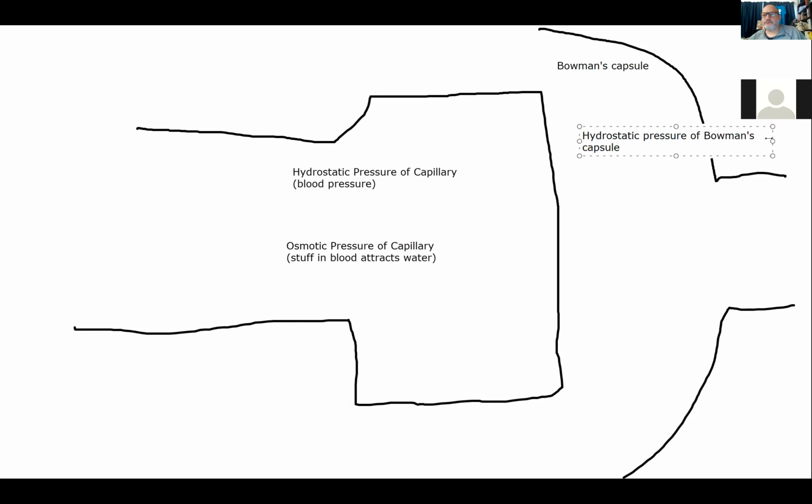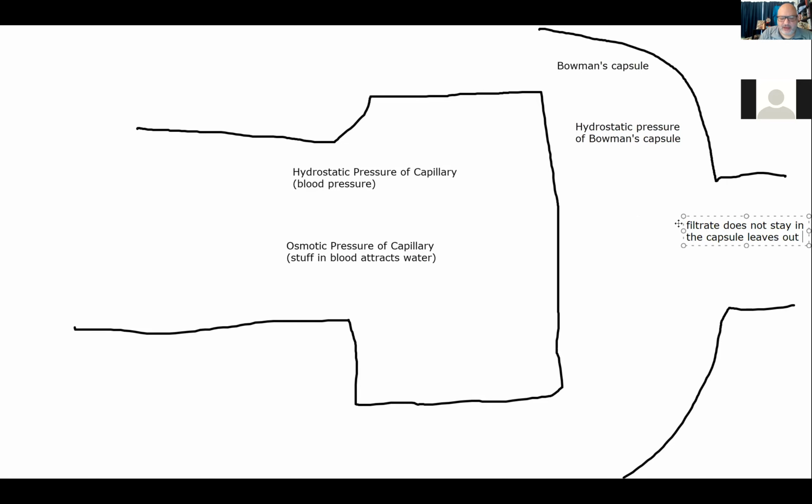It bounces off of the bucket and kind of sprays all over the place. So absolutely here in Bowman's capsule, there is going to be a hydrostatic pressure inside of Bowman's capsule. But osmotic pressure involves the stuff in the filtrate being able to attract water to it. Remember, the filtrate we are making does not stay in the capsule. Instead, it leaves out the proximal convoluted tubule.